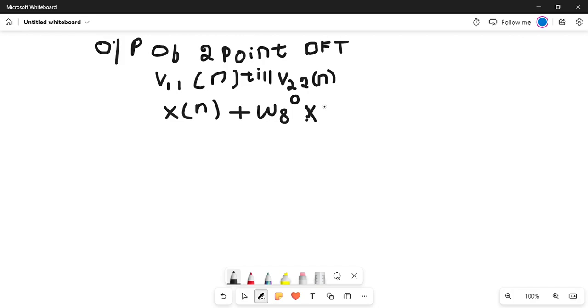This x of n is the first one, and the other x of n is the one which gets multiplied. This is what you are supposed to follow.